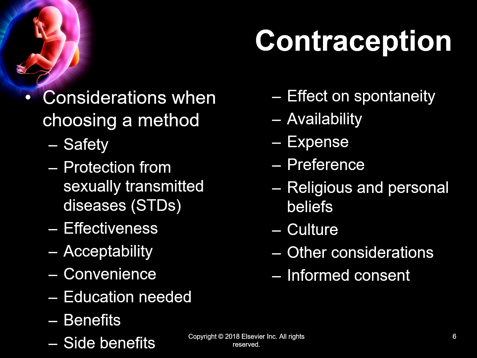And some of the considerations in making the decision are safety. Safety is a big consideration for a woman, especially if she has hypertension or if she smokes. And so any type of hormone contraception should be contraindicated for those women who smoke and who have hypertension.